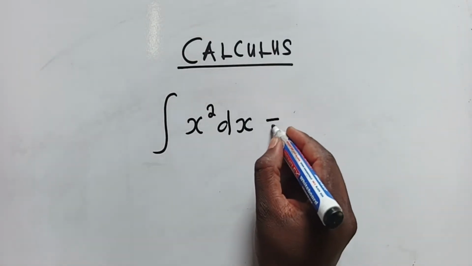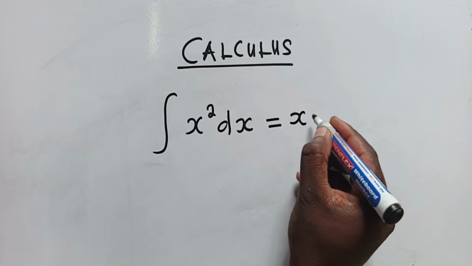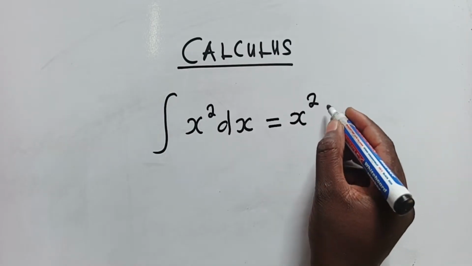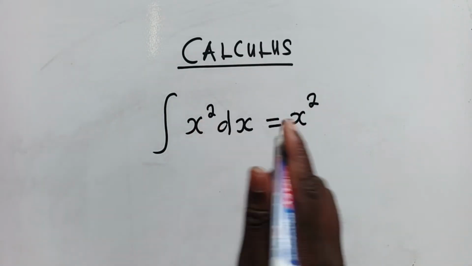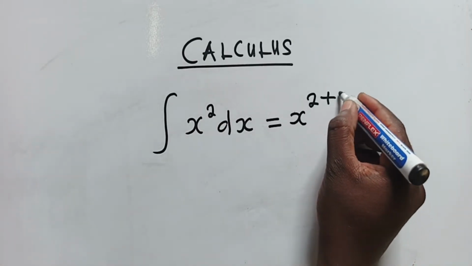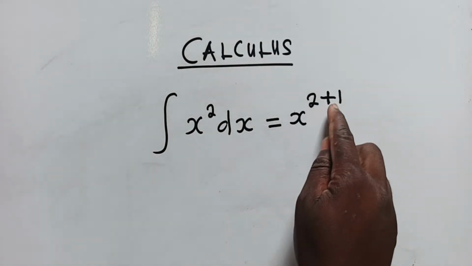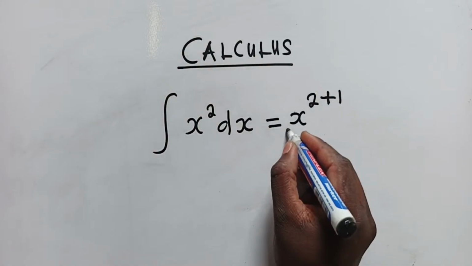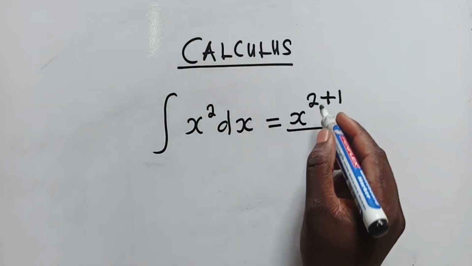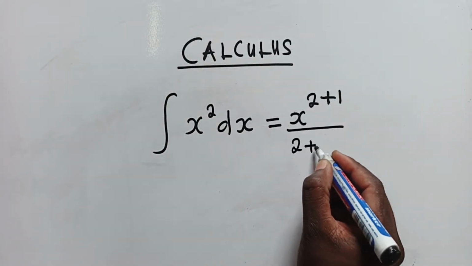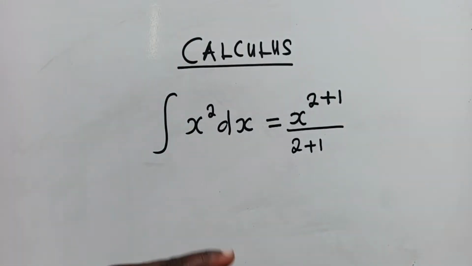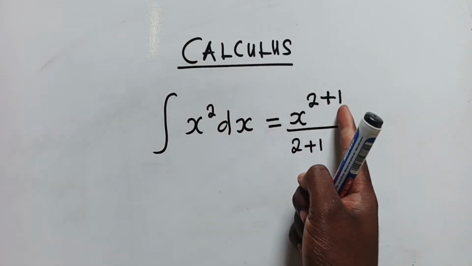So you say equal to x power 2, the power which is right here, and then you add 1. Remember, in integration we always add 1 to the power. And then you divide by the same thing, so that's 2 plus 1.